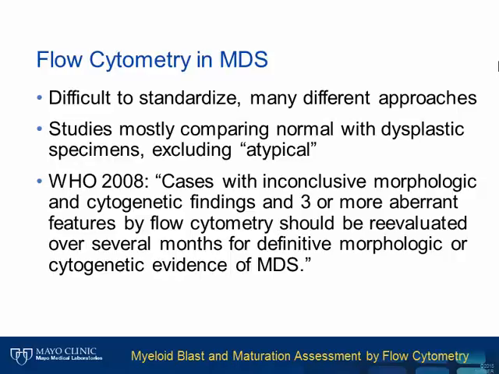In addition, most studies were performed by comparing normal with dysplastic bone marrows without including the spectrum of atypical specimens which are usually seen in routine practice. For that reason, WHO 2008 classification stated that cases with evidence of dysplasia by flow cytometry only should be reevaluated, essentially stating that flow cytometry is only an adjunct diagnostic modality for detection of dysplasia.